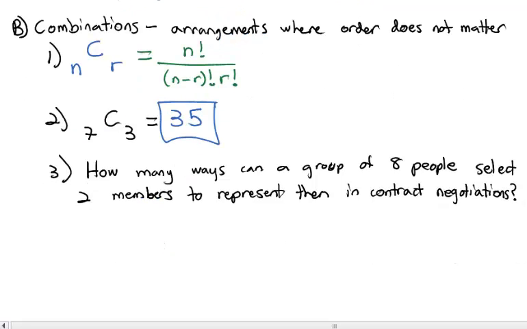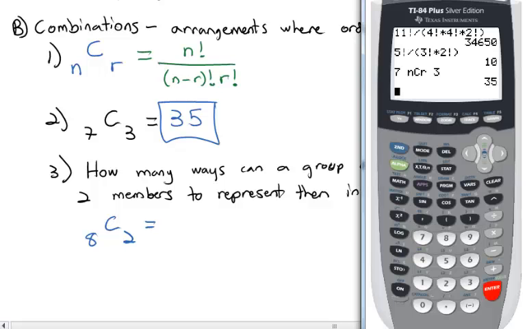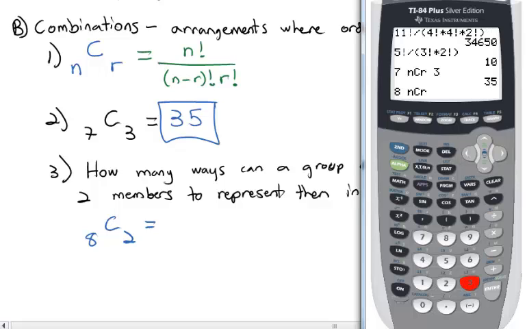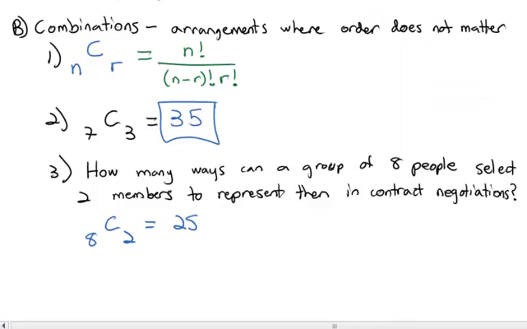Now here it doesn't matter which member gets selected first, which member gets selected second. We don't care about the order. We just care that out of the group of 8, we're going to choose 2 of them. And again, we'll just do that on the calculator. 8, math, over to probability. Option number 3, nCr. We're going to choose 2 of them. There are 28 ways this group can proceed.